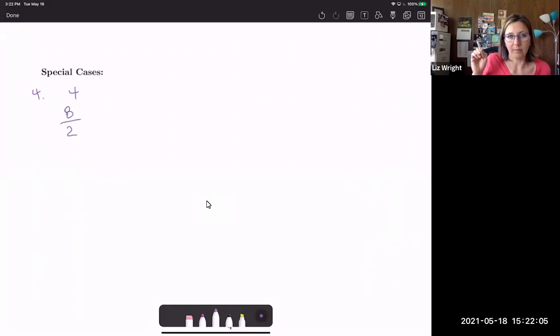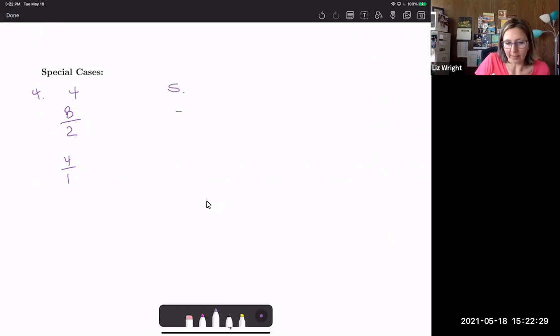That would be an improper fraction that's going to simplify to the whole number of 4. Or we could do 4 over 1. We're somehow expressing the number 4 as an improper fraction, where our numerator is larger than our denominator. All right, special case number 2.